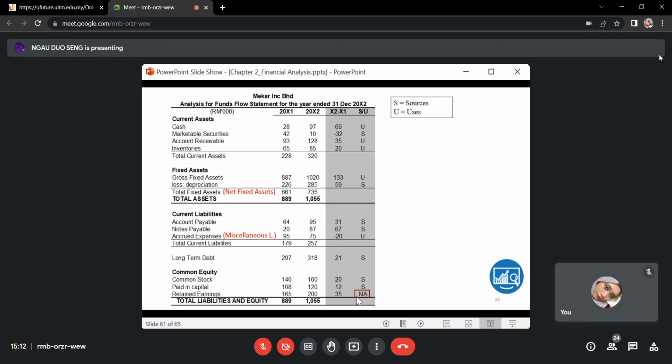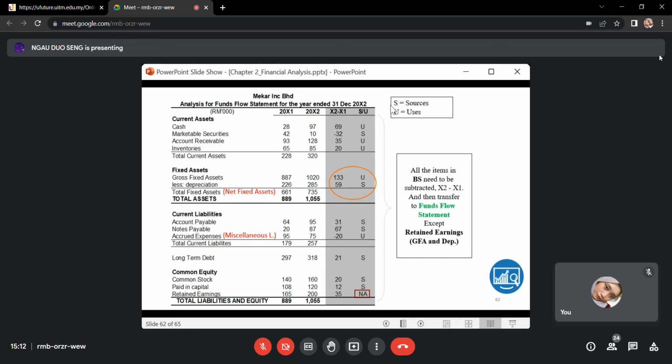So retained earning is not applicable. Okay, so this one we decide, you put notes here, U, S, then you can group them, group the sources, then group the uses.